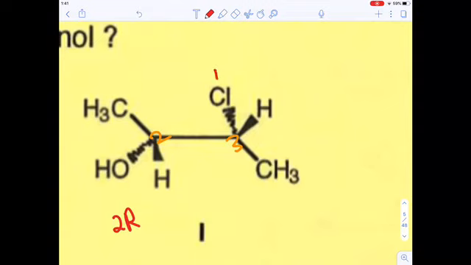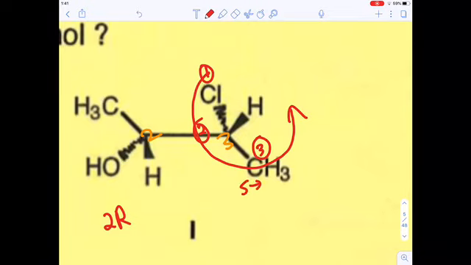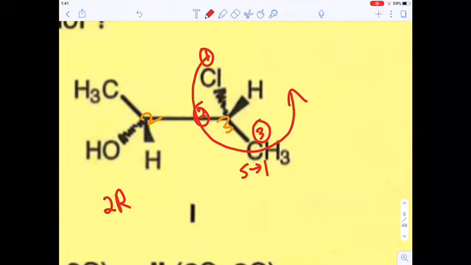And looking at carbon 3 of compound 1, you want to do the same thing. In this case, your halide is going to be number 1. And then the rest of your chain is going to be 2, and the methyl is 3, because the methyl weighs less than the rest of the chain, and halogens are always first priority. So you go 1, 2, 3, and that gives you S, but because your lowest priority, the H, is on the wedge, you're going to flip it.